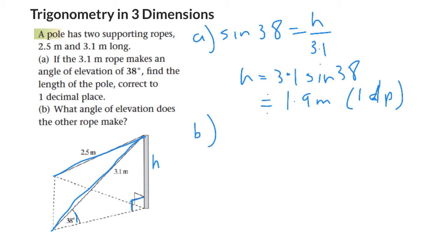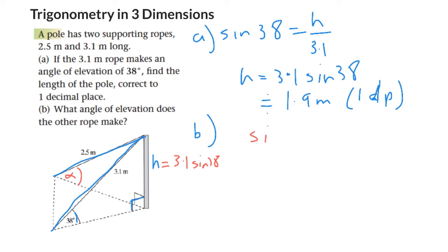We're trying to find this angle over here. Let's call it alpha. We can call it whatever we'd like. And now we're going to use h equals 3.1 sine 38 in our second part here, and we're going to use sine again.